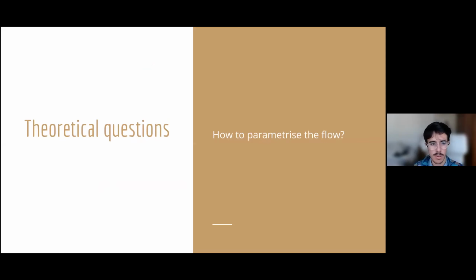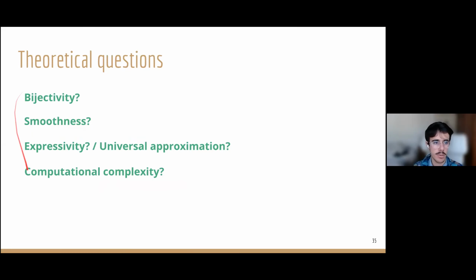These were different approaches and perspectives on how to parameterize flows on manifolds. There are always trade-offs and theoretical questions: is the flow bijective? Is it smooth? What is the expressivity of the flow? What we care about more is the expressivity of the push forward. Are there universal approximation results?